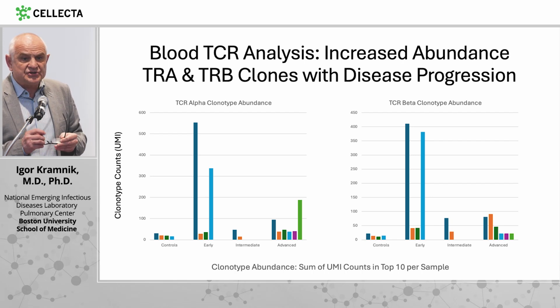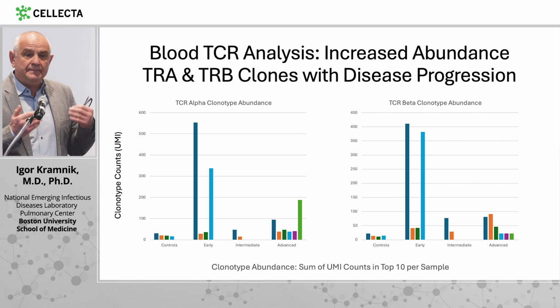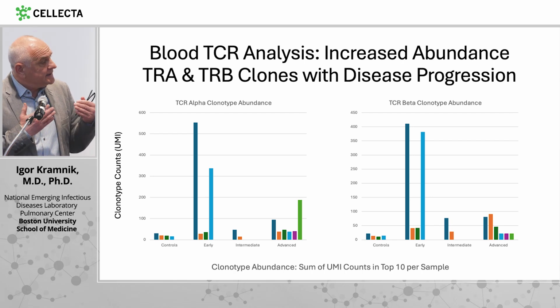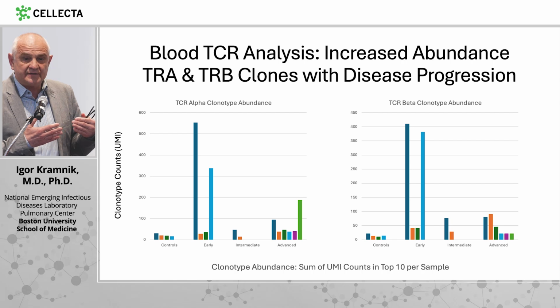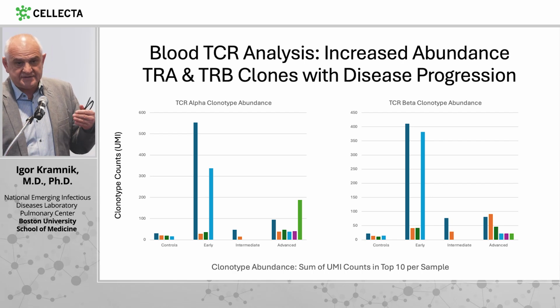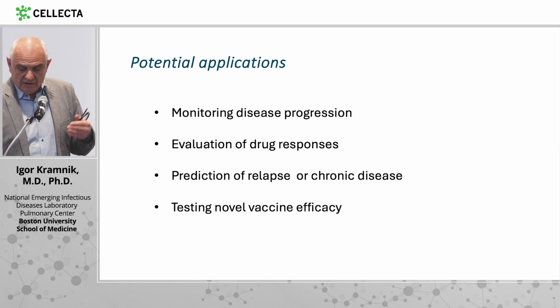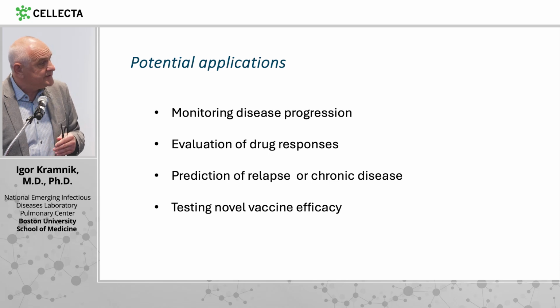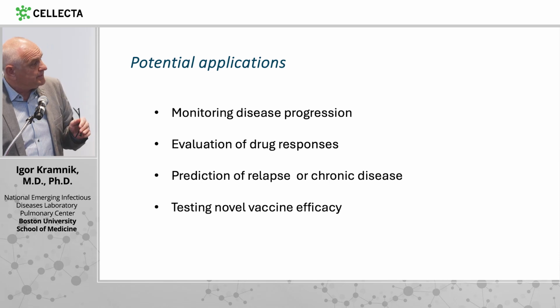But what I think is the strength of this would be a combination of a transcription profiling of the blood and a B cell receptor and T cell receptor that can clearly tell us about progression and major immune responses that are being activated at various stages of TB progression. The practical application of this would be, besides what we presented here, monitoring disease progression.